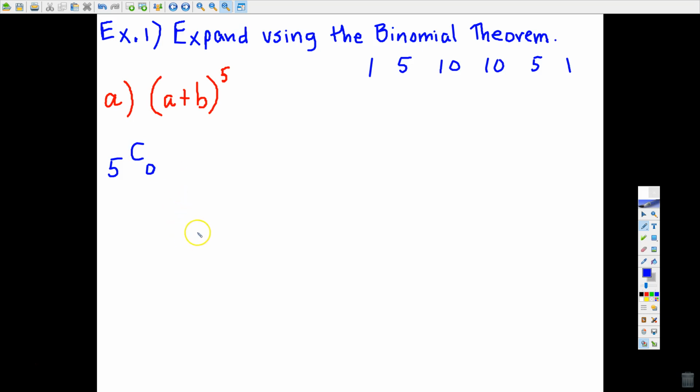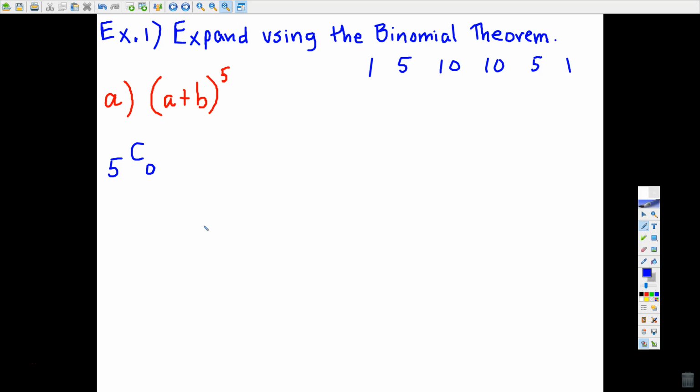Okay, go ahead and find out what that is. 5 NCR 0. Did you get 1? Okay, that's what the triangle says. So instead of getting that coefficient from here, we're going to get it by calculating combinations.